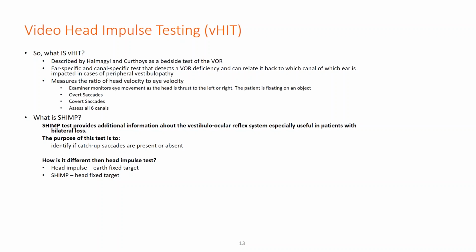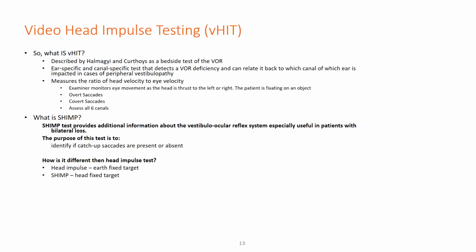Bedside testing was good, but you had no feedback on how fast you were moving the head, because if you're not going over 100 degrees per second, you're not isolating the VOR. You also don't always get to measure all the eye movement that you need to if you're only using your eyes. We know there are 3 different kinds of saccades that can happen, and one of them, the covert saccade, can be incredibly difficult to test with your eyes.